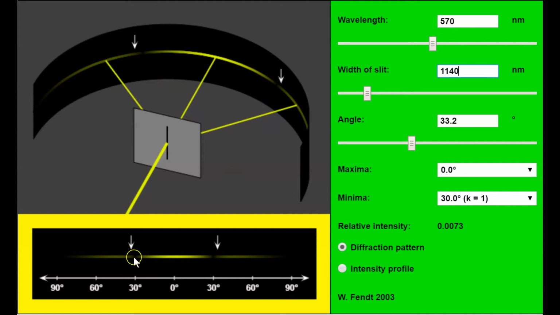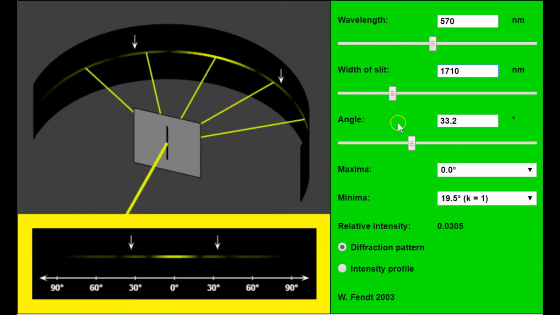And you're seeing that I have two minimas on either side of the central max. And if I triple this value to 3 times the wavelength, you're seeing here that I'm getting 1, 2, 3, 1, 2, 3, and let's go look at this numerically.